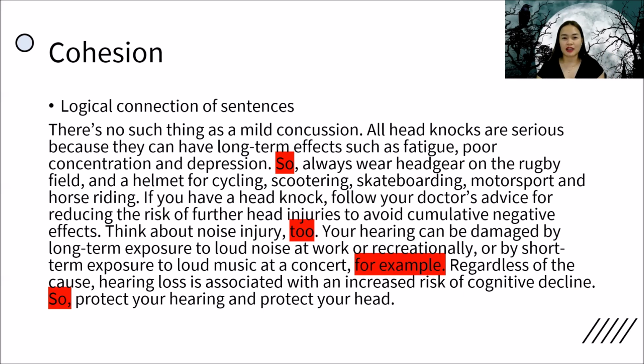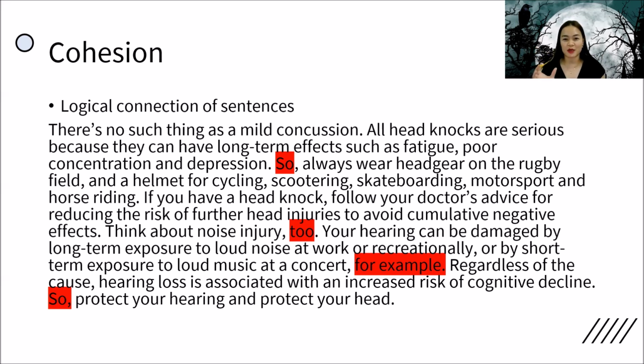And now let's look at the word "too." Think about noise injury too. If you suddenly talk about noise injury without the word "too," it's as if you just put a new point. It's just like you're jumping to a new point. But when you say the word "too," you are saying, oh, just like the previous point, this one is like this also.